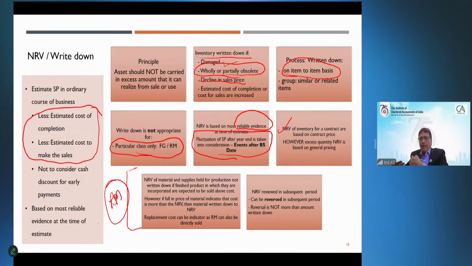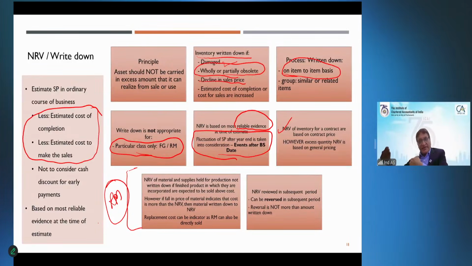Now let us consider the item in which you made a write down on the basis of the NRV, and that particular item remains unsold. The question is whether, at the end of the second year, such items can be retested for NRV if the NRV goes above.